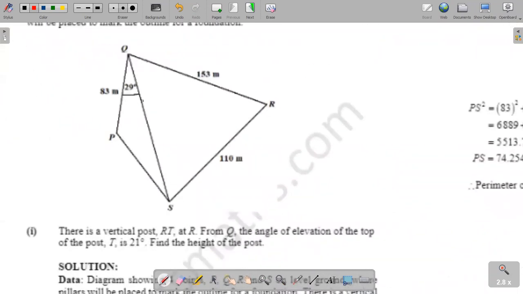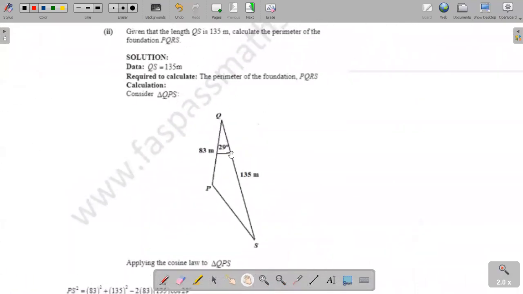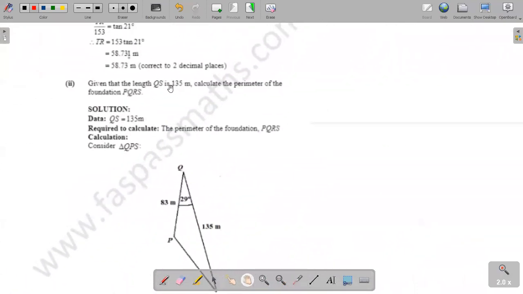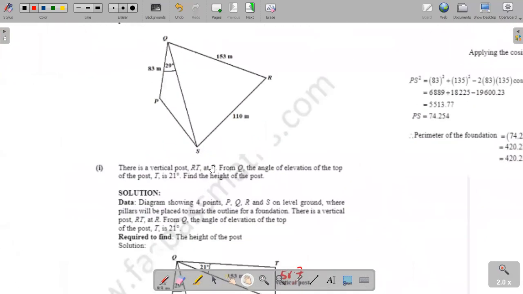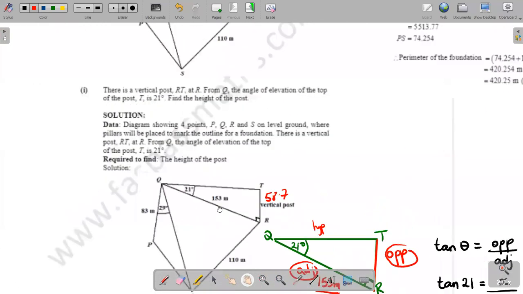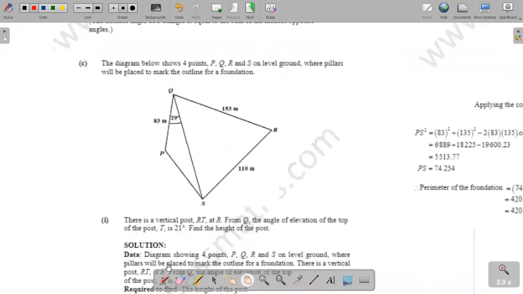Anybody see QS? They gave us the length of QS, is 135, right? So you write it in your drawing, this is 135.